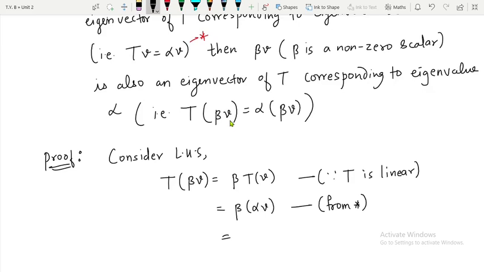And by doing a simple adjustment, it can be written as alpha times beta V, and that is nothing but our RHS, right? And that is what we wanted to prove.